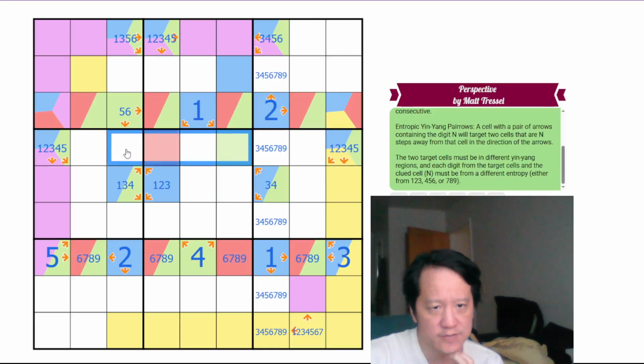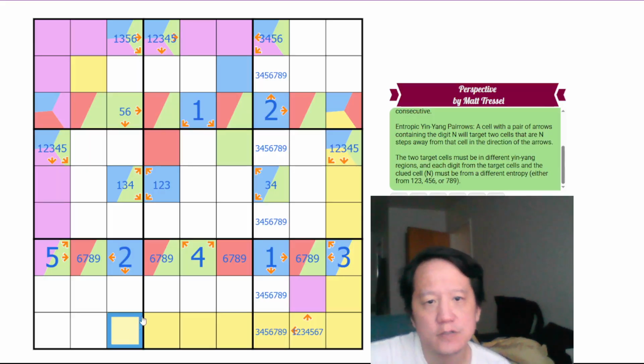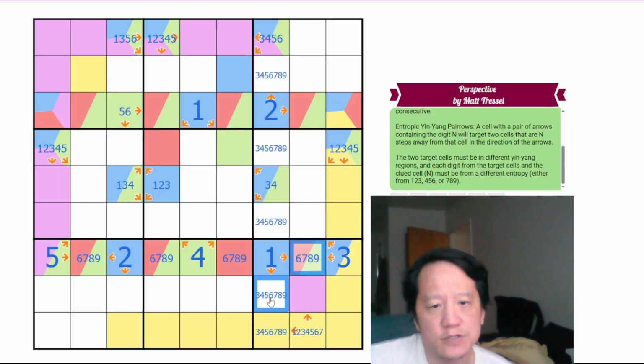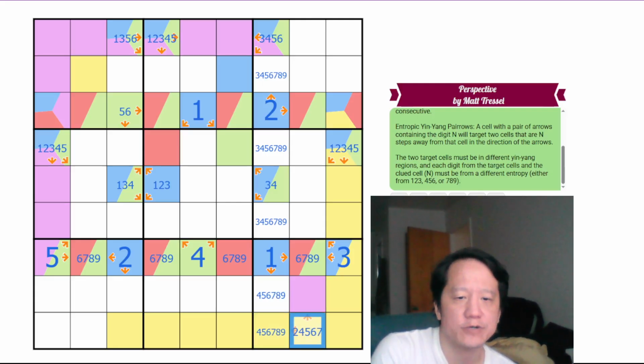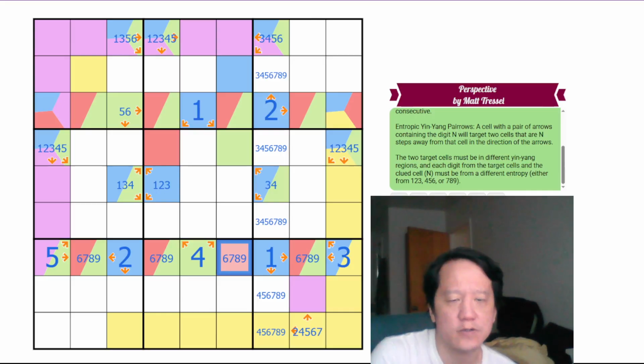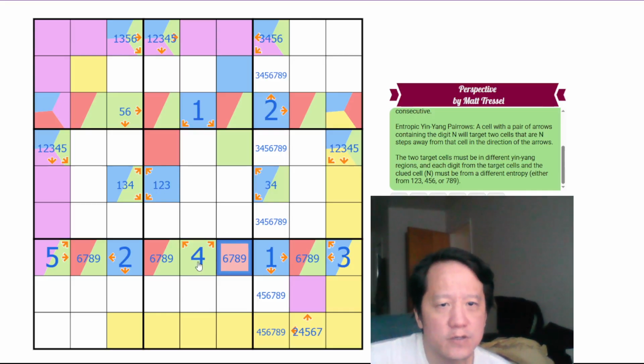So that's fine. These are different regions, these are different regions. These are different regions. This can't be 3, though. No 1 or 3 here. So far, that's fine.